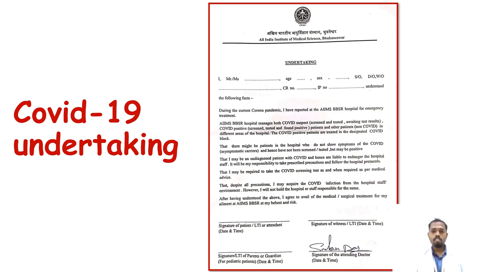If any abnormalities happen to a patient inside the COVID ward, the hospital personnel are not responsible for that. Accepting every scenario, either the patient or the patient's relatives need to sign that they are going for the COVID-19 undertaking.